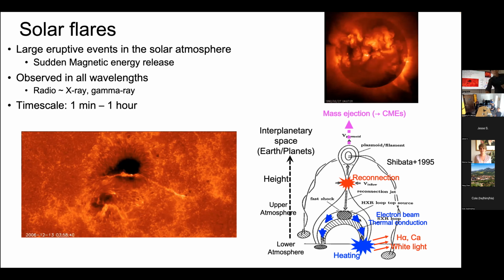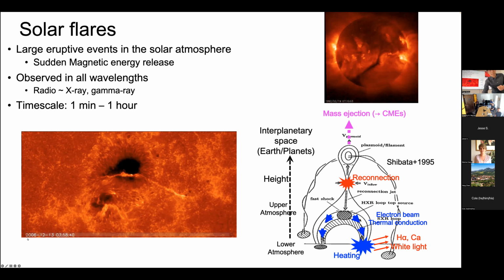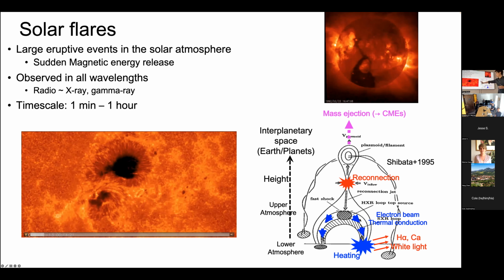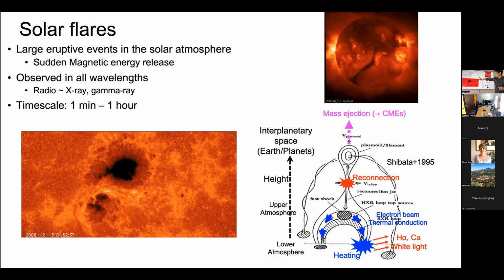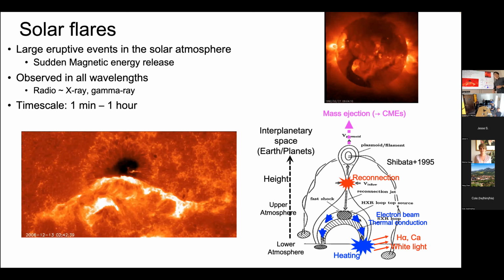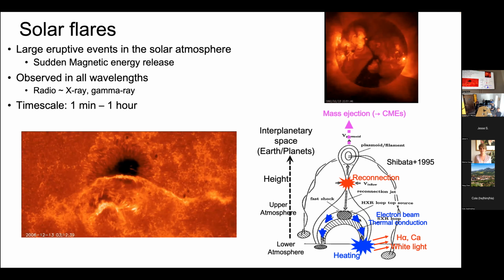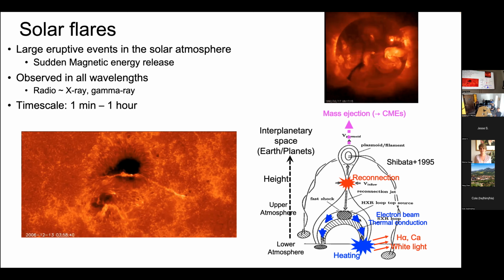This is a Hinode satellite movie of a solar flare, occurring suddenly between sunspots. This is a very famous, popular flare in solar physics. Like this, there are a lot of various emissions, and the time scales are from 1 minute to 1 hour.